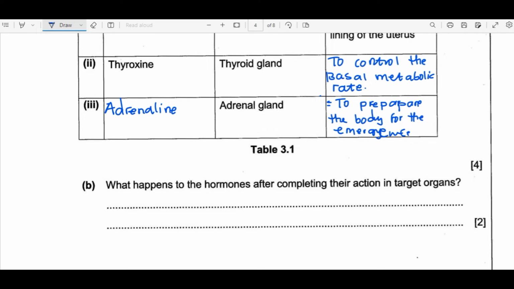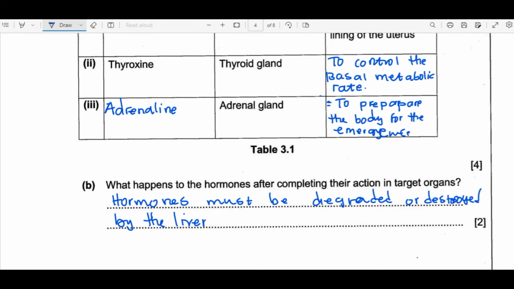So if the hormone is done, hormones must be degraded, or you say destroyed, by the liver, and after being destroyed, it is made into some proteins.